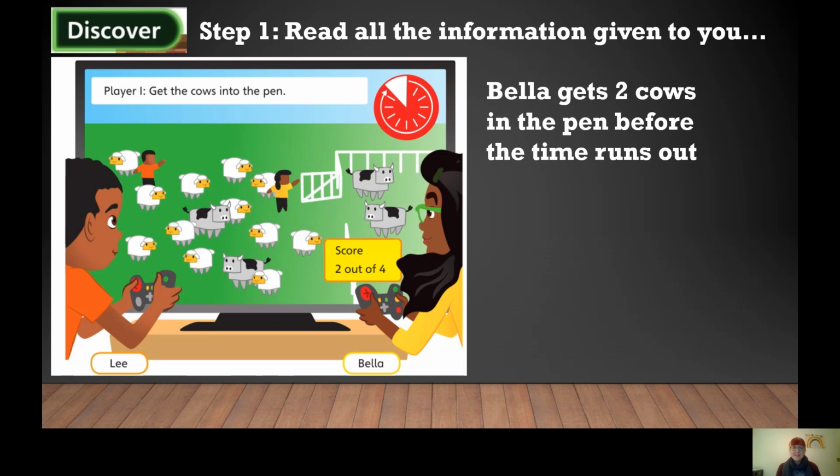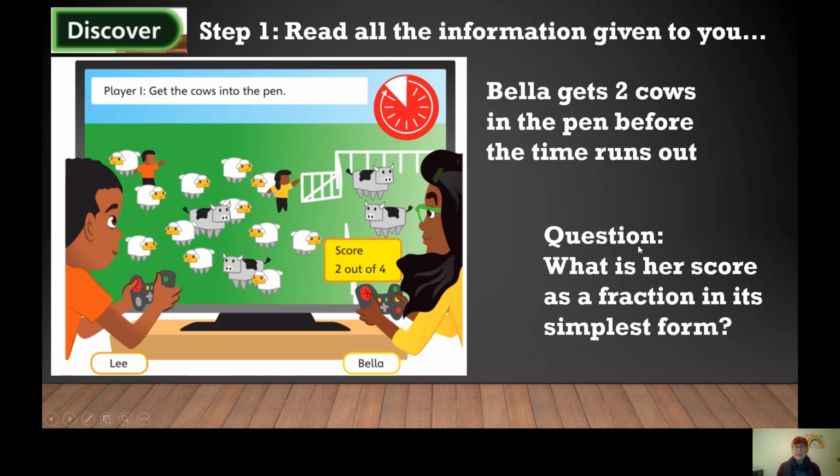Yes. Bella seems to get 2 cows in the pen before her time on the clock runs out. So the question, I guess, will be, what's Bella's score as a fraction? But then it takes it to another level in its simplest form. Well, I know so far that 2 out of potential 4 cows here have gotten into the pen.